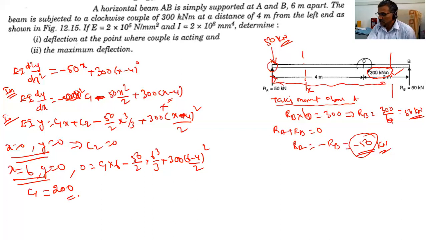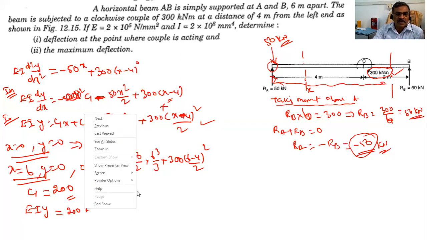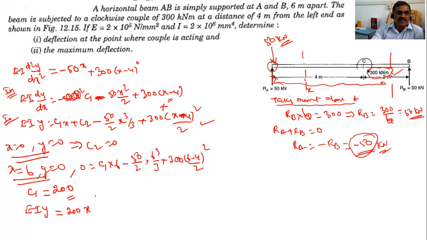But C2 is equal to 0. So now you will get the equation. If you substitute, you will get EI into y is equal to 200 into x, C2 is 0, minus 50 by 6 x cube plus 300 into (x minus 4) the whole square by 2.